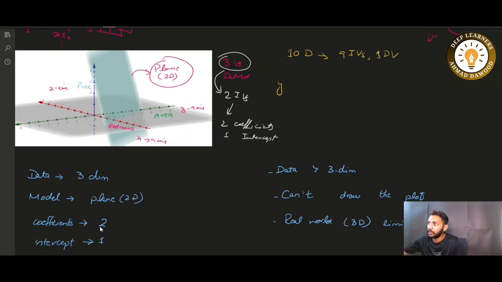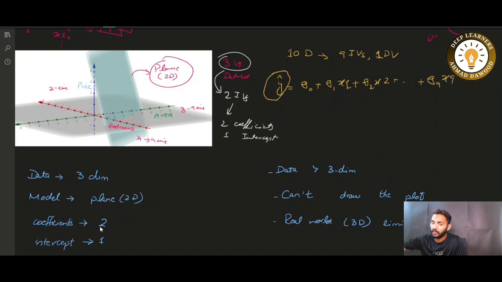Now your equation of the model will be like this: theta 0 plus theta 1 x1 plus theta 2 x2, and so on up to theta 9 x9. As nine variables are involved in your model's equation, your model will be multi-dimensional, you can say nine dimensional.